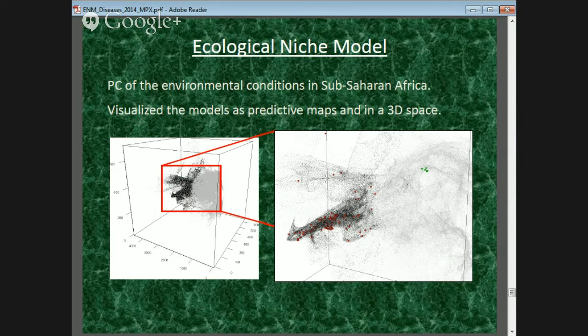The black dots represent all those environments that are suitable for transmission of monkeypox. Our model was built on the red circles. The gray points are all the environmental conditions available in our study area, and the green dots are all the way out here, very, very far from our suitable conditions for monkeypox transmission. So this is another evidence that it is in a very distinct area.